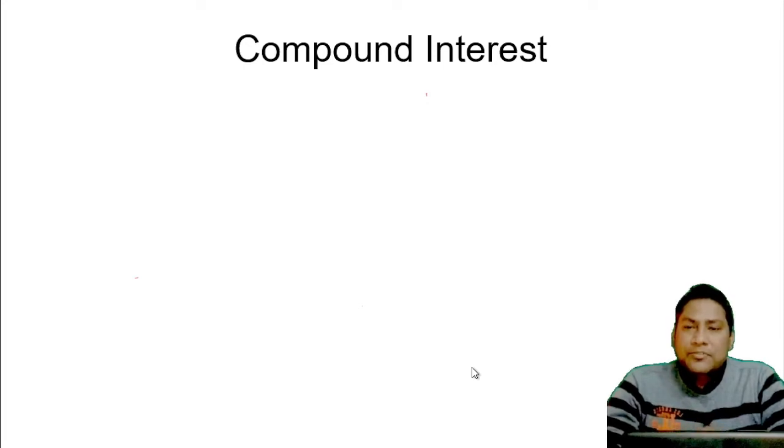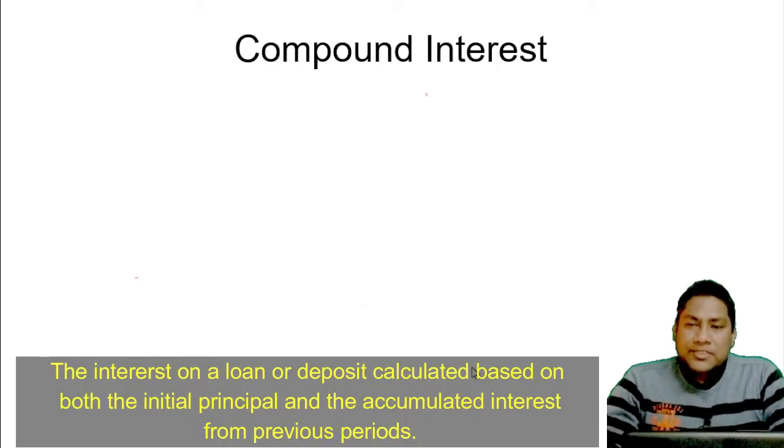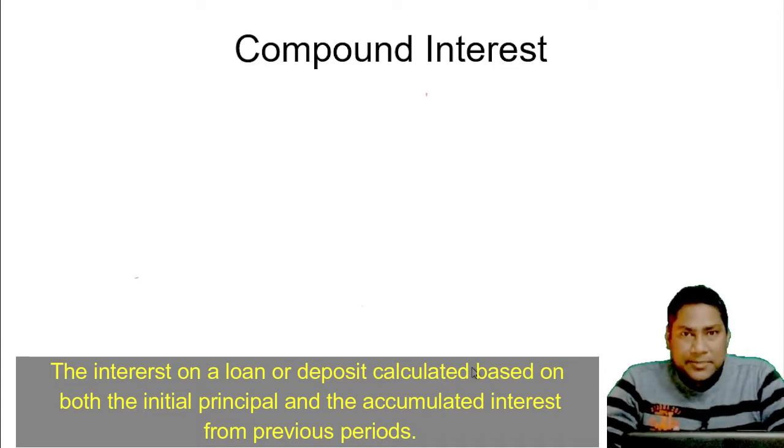So friends, now we learn what is compound interest. First of all, what is compound interest? Compound interest is the interest on a loan or deposit calculated based on both the initial principal and the accumulated interest from the previous periods.